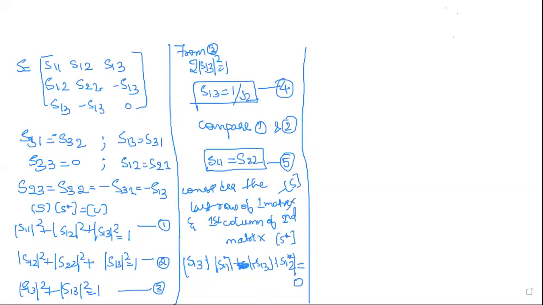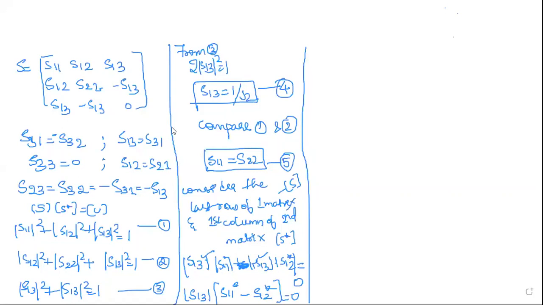Correct? Okay. Now here you can see S13 is common in both the cases. So you can take S13 outside. The remaining will be S11 star minus S12 star, which is equal to 0.